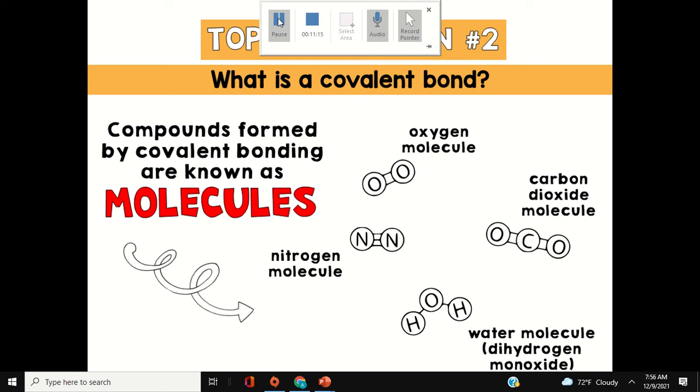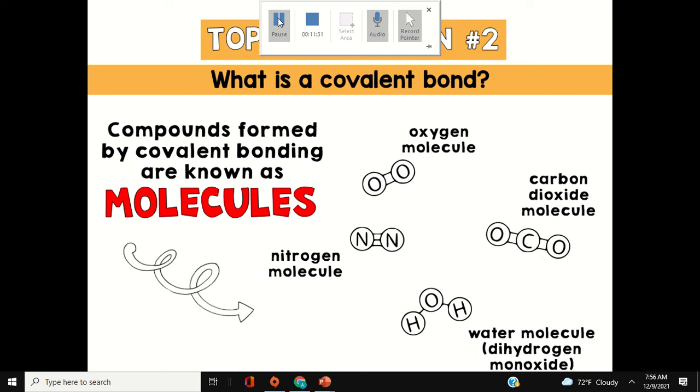So even though molecules is used loosely in chemistry, it only should be referring to covalent compounds when you have a sharing of electrons. So this screen shows an example of some covalent bonds.